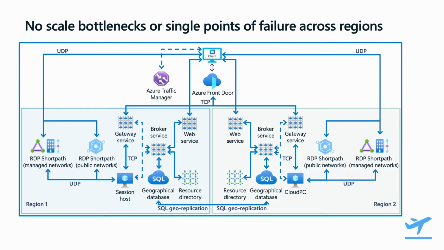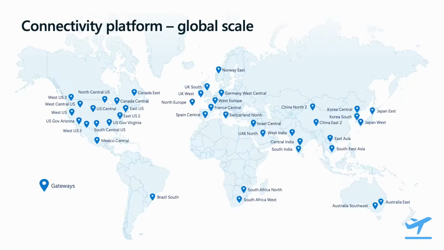So each service that you see here, for example, the gateway service, the broker service, is fully resilient within a region, as well as at a global scale across multiple regions. And then just to complete this total picture, previously we just saw 2 regions operating together, but like I said, we operate this connectivity infrastructure in approximately 40 regions around the globe.